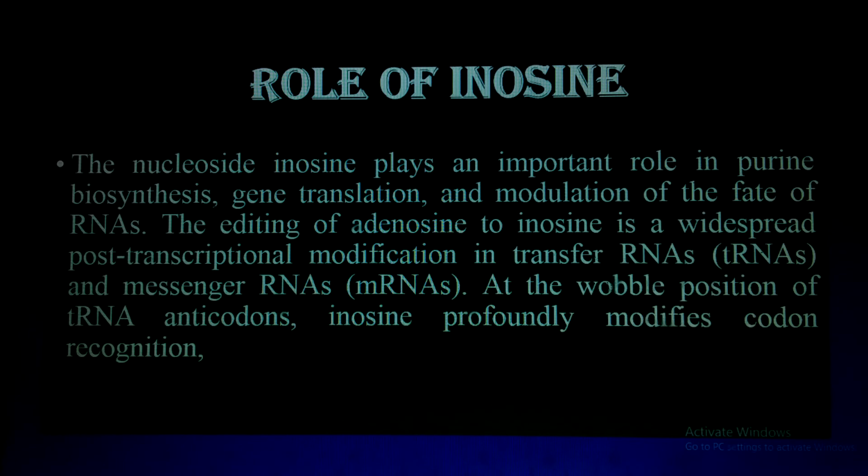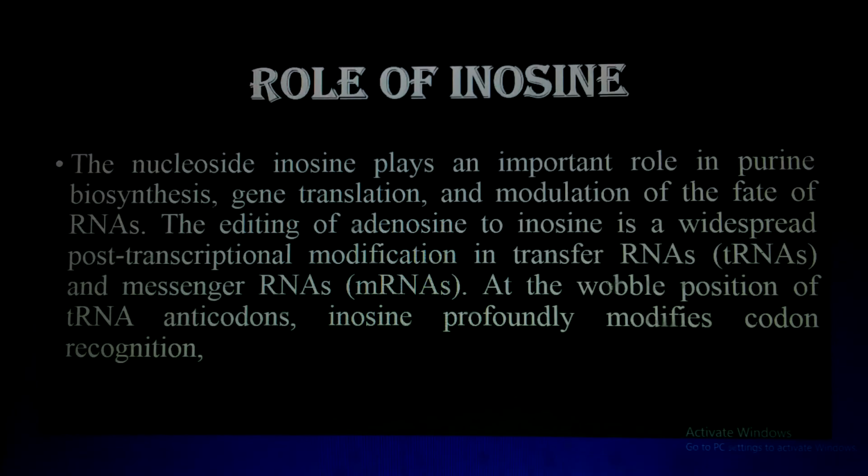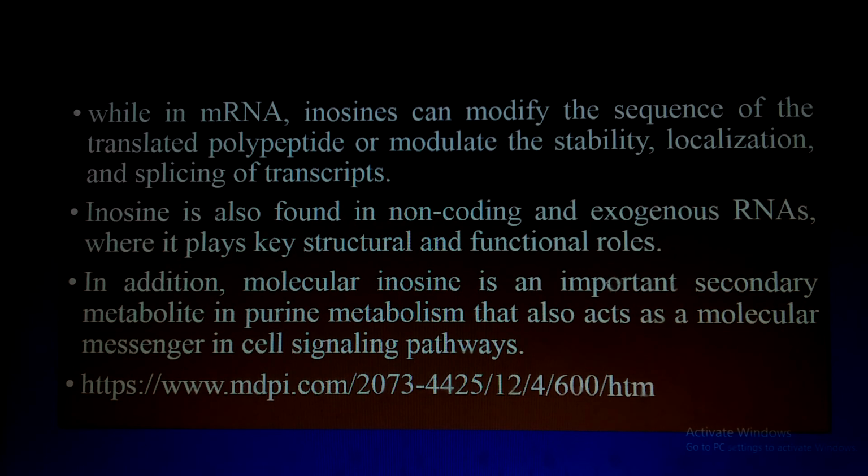Is it clear? At the Wobble position of the transfer RNA anticodon, inosine profoundly modifies codon recognition. Means if inosine is present, it can recognize the 3 codons, and now you are familiar that inosine can pair with, you can see here, adenine, cytosine, as well as uracil. So it can recognize the 3 codons for the same amino acid. Is it clear now? Now there are many other functions related to the inosine.